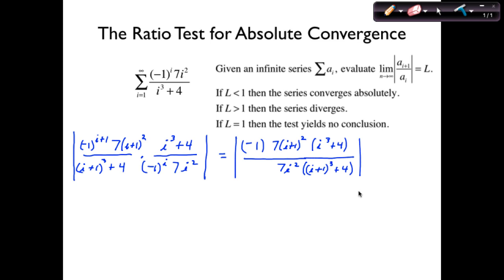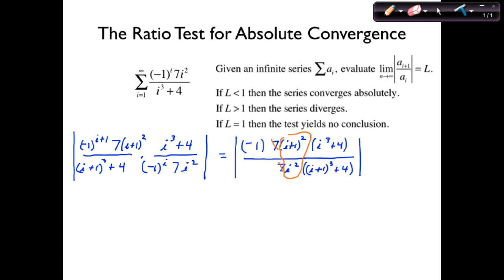Okay, so what's the limit of this? Some people are saying 1. So the 7's go away. We can chunk it up, taking the limit of these things that are alike. So what's the limit of (i+1)^2 over i^2? 1, because you have the same power, and it would just be the ratio of the coefficients.